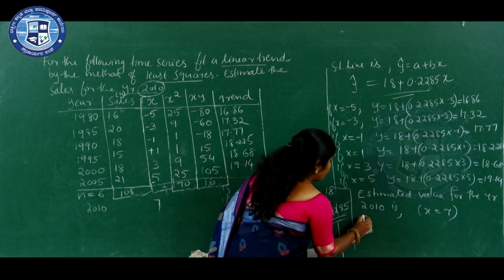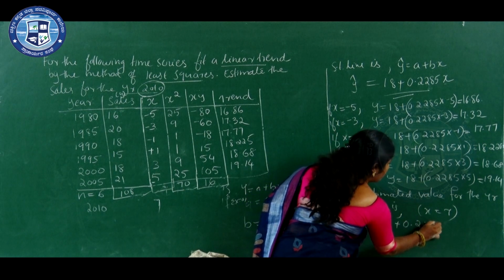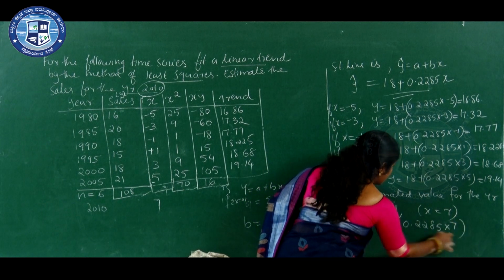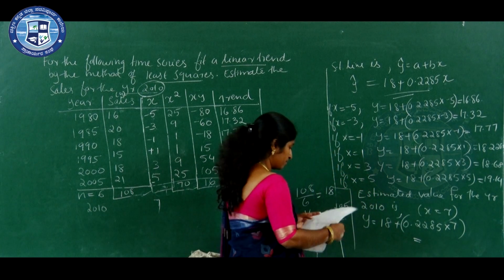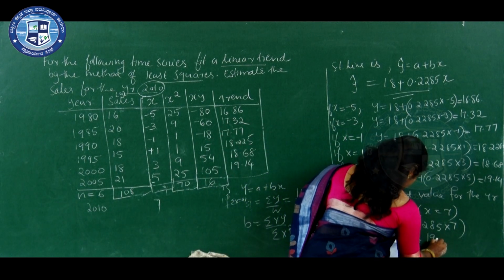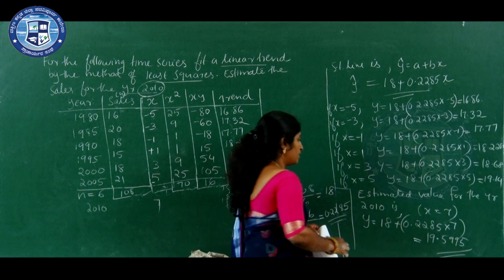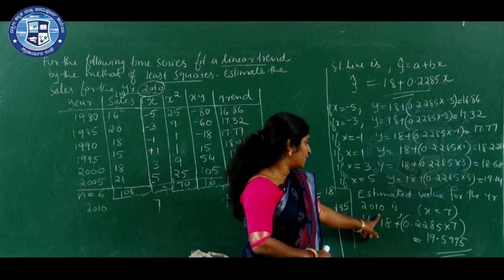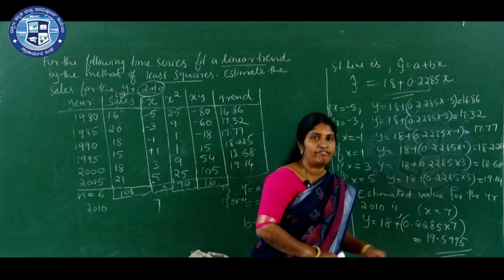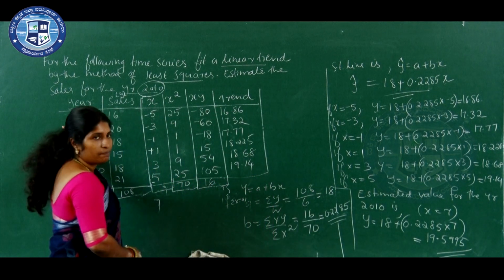So y is equal to 18 plus 0.2285 into 7, that is 19.5995. Listen, here the time gap is 5.